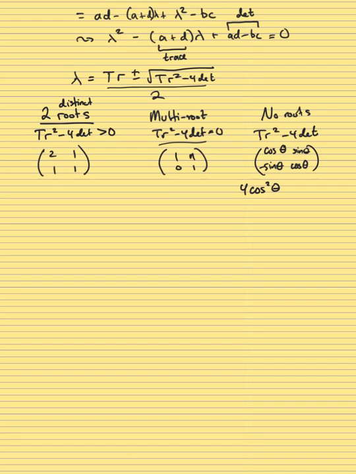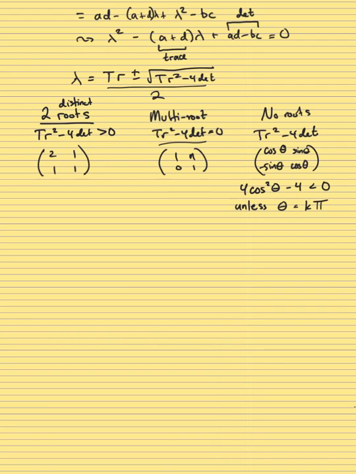Or we could have said this rotation obviously preserves the area of the parallelogram. You're just rotating a parallelogram around the origin, so the determinant has to be 1. In any case, you're getting this expression, which is less than 0 unless theta is equal to a multiple of pi.